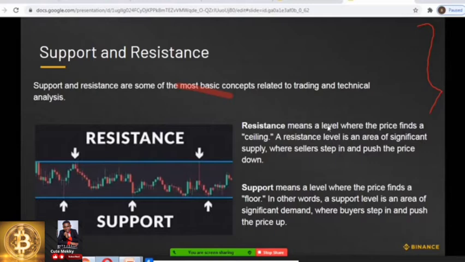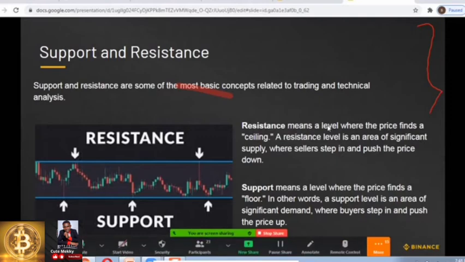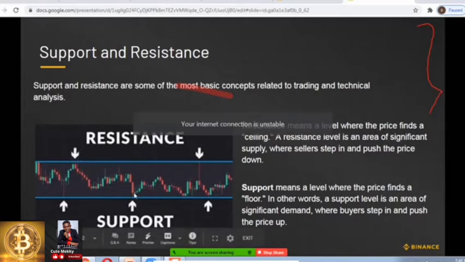At that area, there are a lot of suppliers, that is sellers, that will push the market right down. Now support is where price finds significant demand and price starts rising. So you consider support as a floor where buyers push the market to the upside. So as you can see here, this line is a resistance area, while here is a support area.